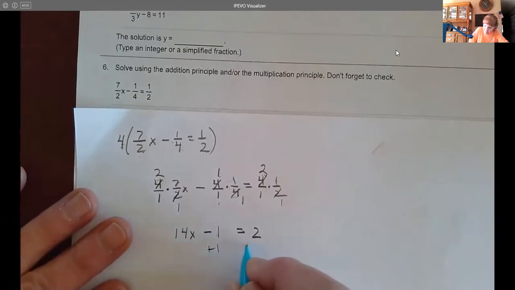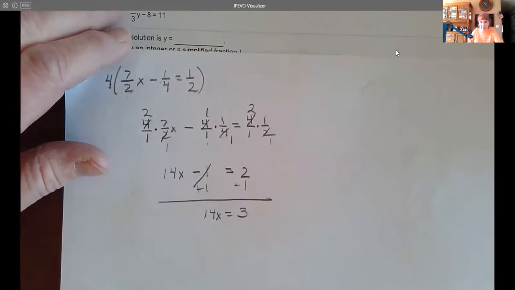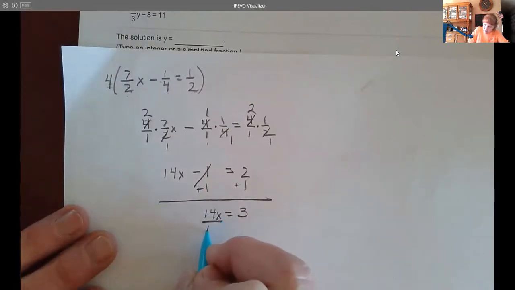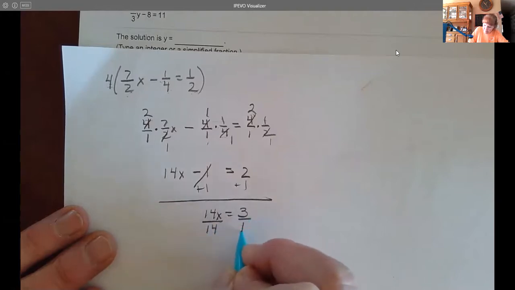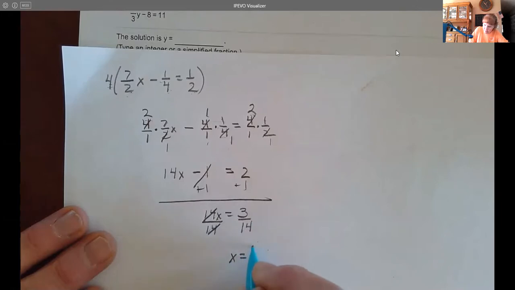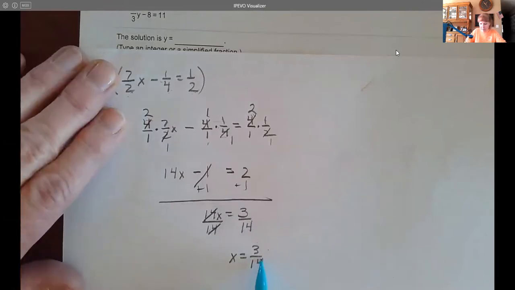Add 1. So 14x equals 3. I have to move it up just a bit. Now you divide by 14. So x equals 3/14. Now you could put this back into the original.